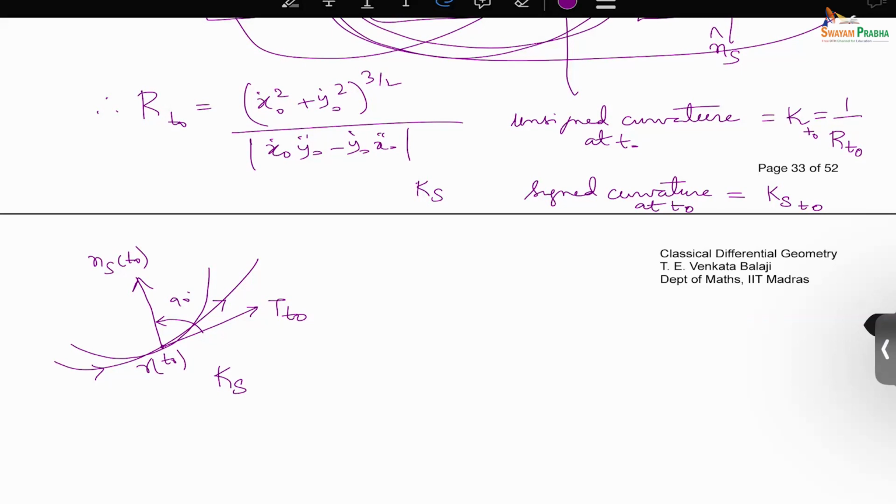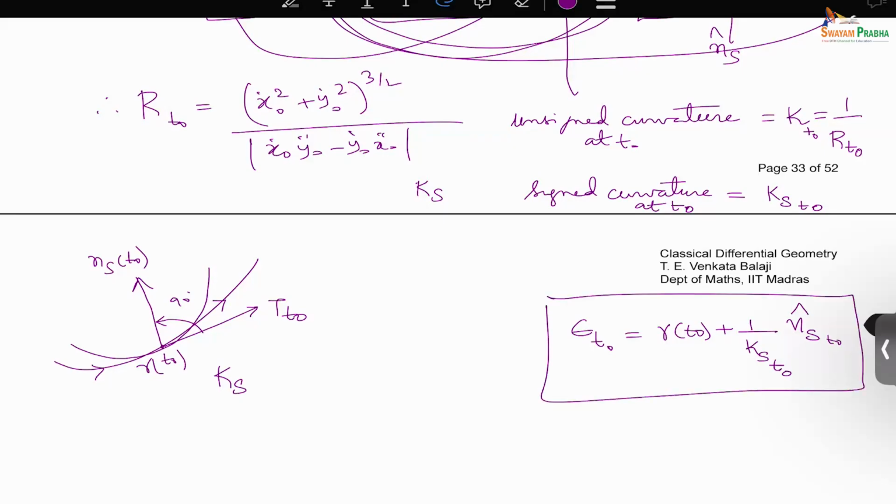So what should happen is that epsilon(t naught) should be gamma(t naught) plus 1 by the signed curvature at t naught times the signed normal at t naught. This equation should hold, and you have to watch this very carefully.